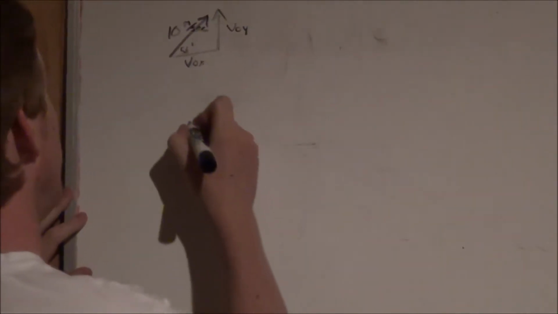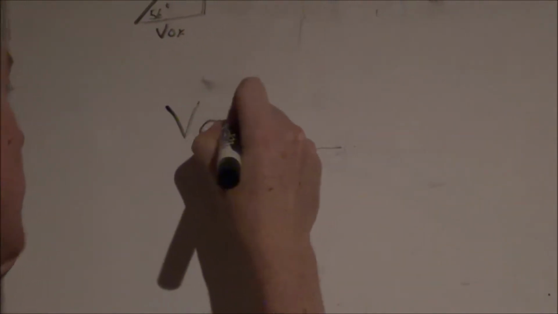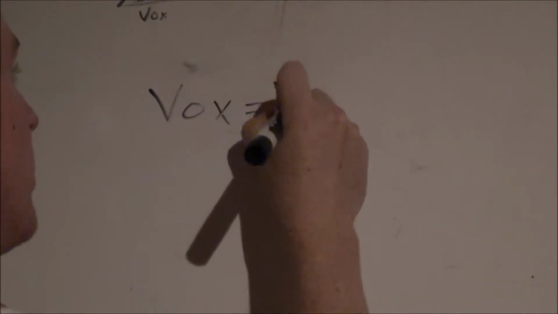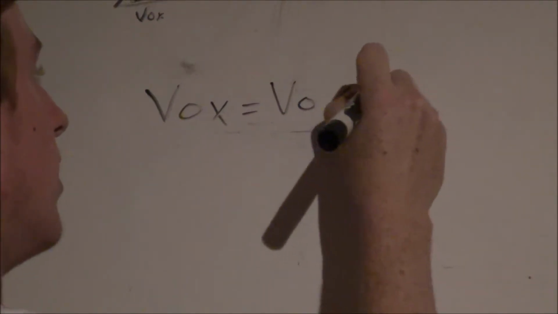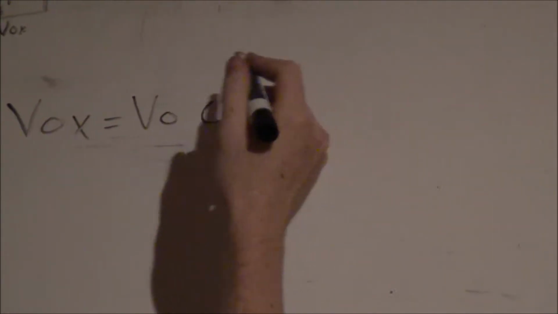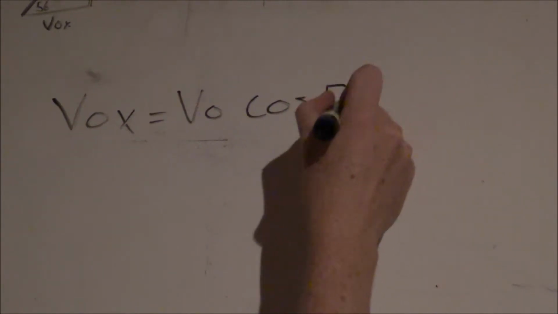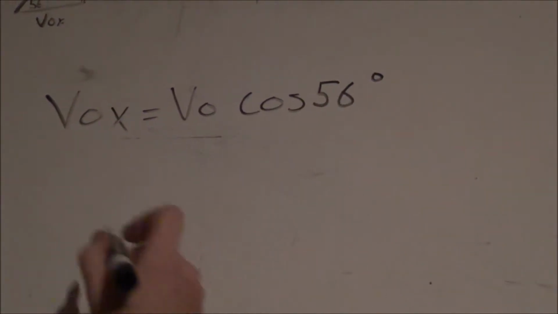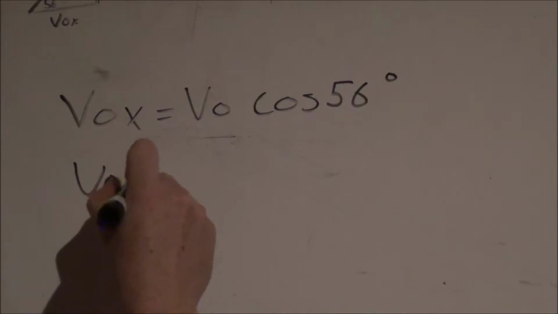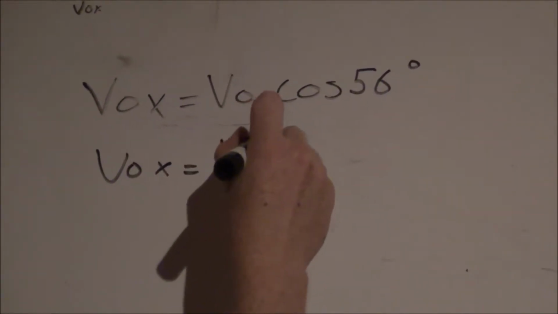We will start by finding the horizontal velocity of the golf ball. The equation that we use for this is v0x equals v0 times cosine the angle of launch, which is 56 degrees.